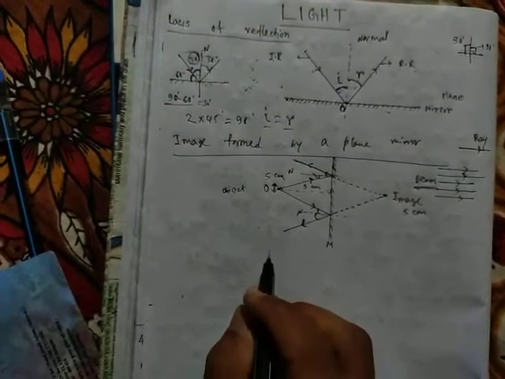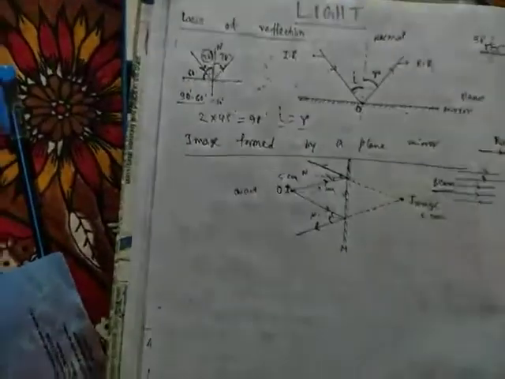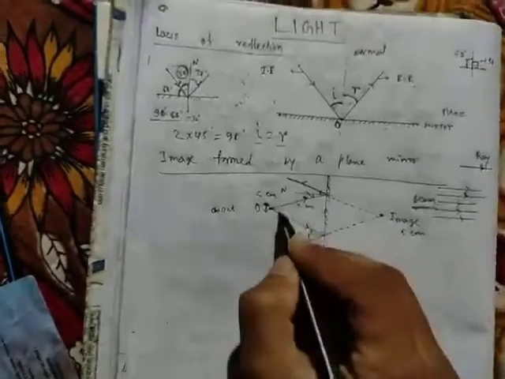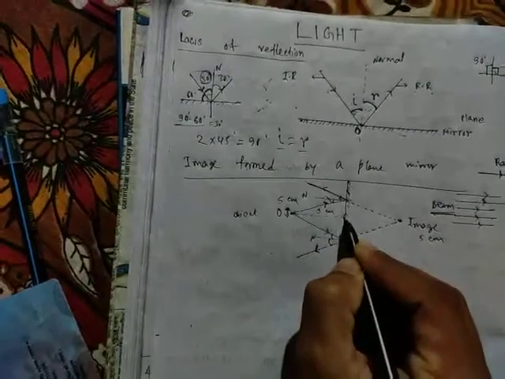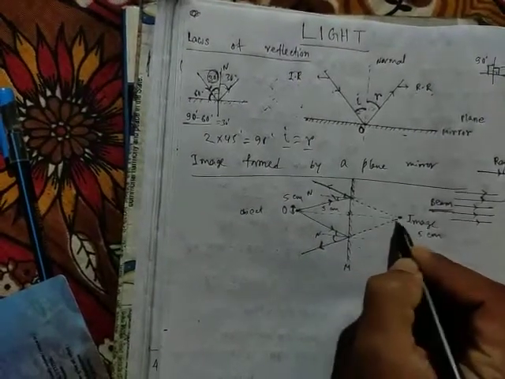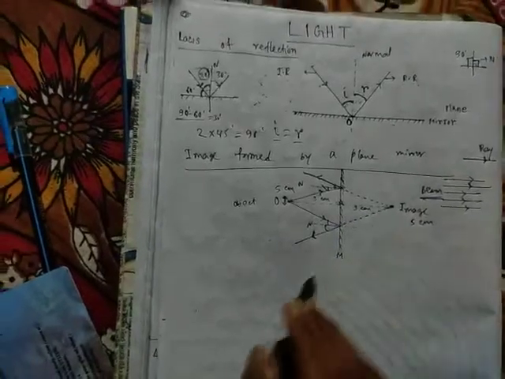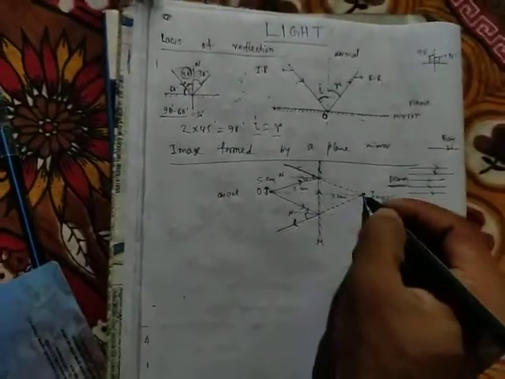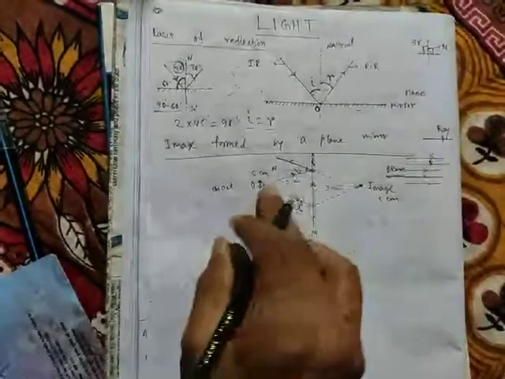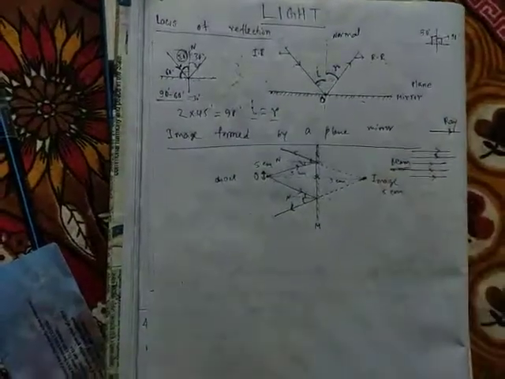Third, object distance is equal to image distance. If the object is at 3 centimeter, then the image must be formed at 3 centimeter distance. That's why I have taken this point. I have to take this distance also as 3 centimeter.